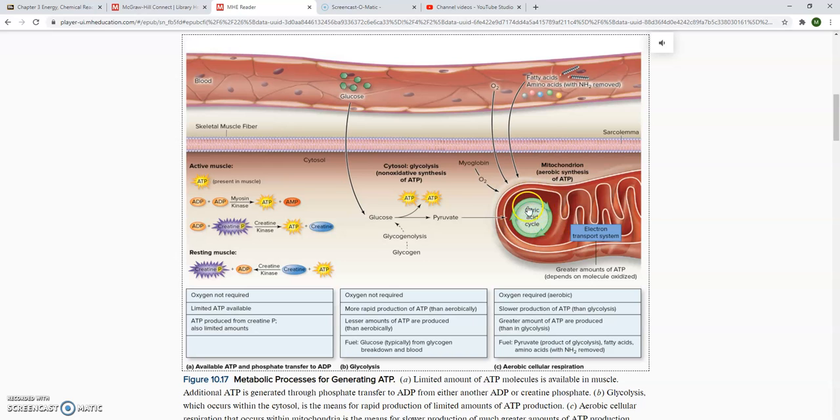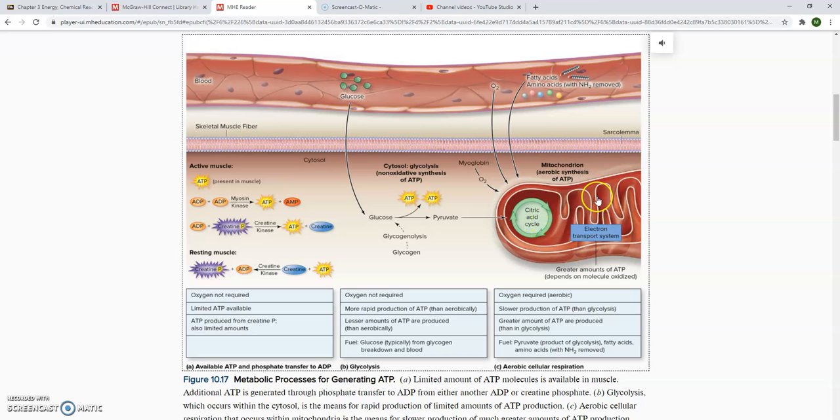Remember, we're not going into the details of these, but they involve a bunch of enzymes catalyzing a bunch of chemical reactions to slowly break down pyruvate in this case, or fatty acids or amino acids, another organic molecule that aerobic cellular respiration can break down. And same way with this one, it's the process of generating ATP through the transfer of electrons. But again, we're not going to go into the details.